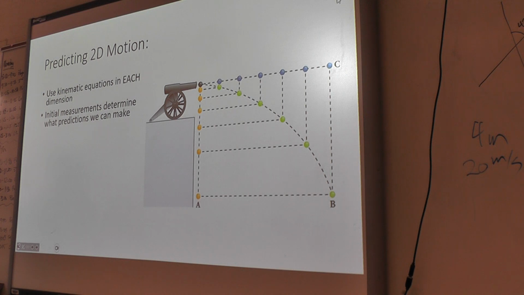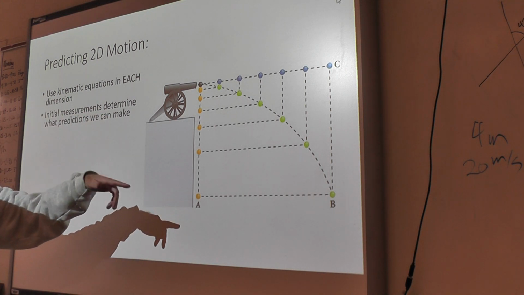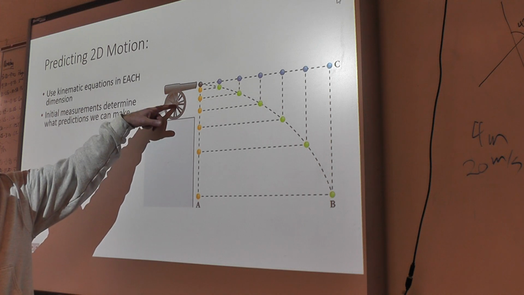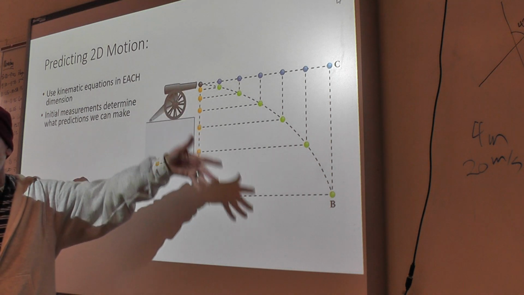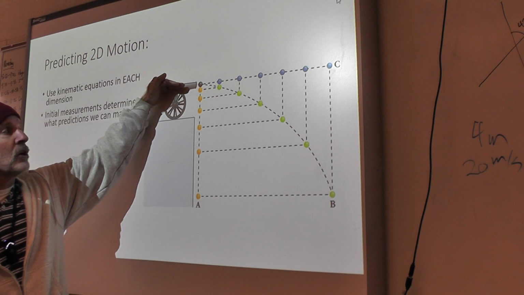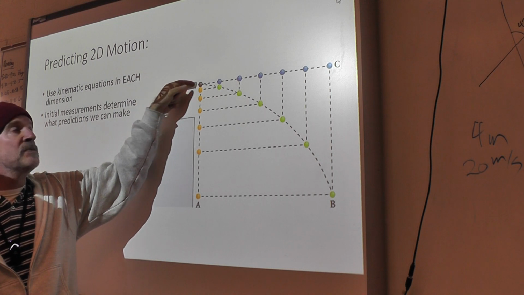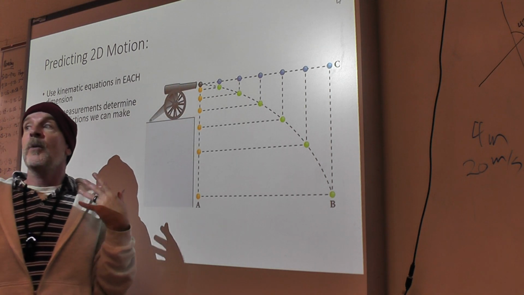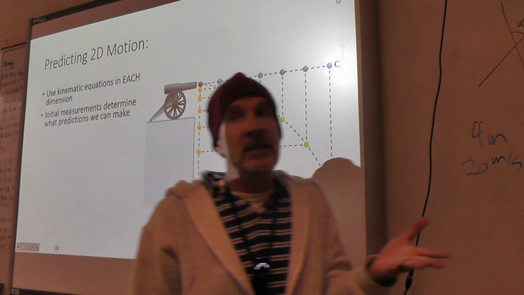We're going to start with a projectile launch where we know how far up above the ground the launcher is, so we know how far it has to fall. We know the angle of launch, and we know the speed of the launcher. We don't always know those three things.